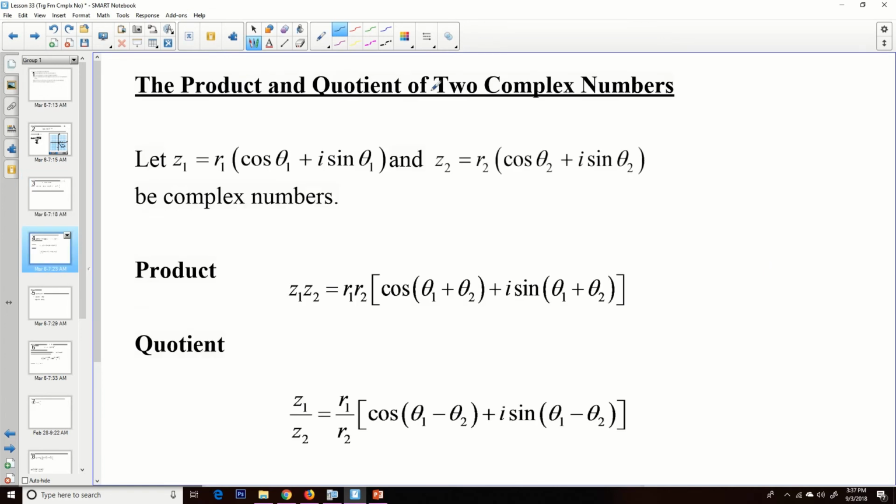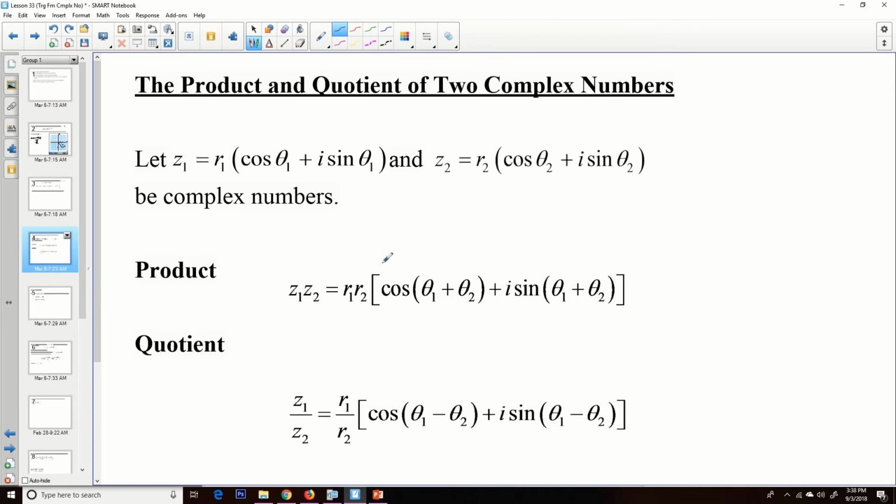The product and quotient of two complex numbers. So if I have two complex numbers written in trigonometric form, z1 being r1 times the quantity cosine theta 1 plus i sine theta 1, and the second complex number will be z2, which has the modulus r sub 2, cosine of the argument theta sub 2 plus i sine of the argument theta 2.